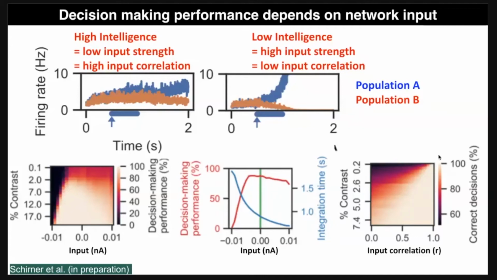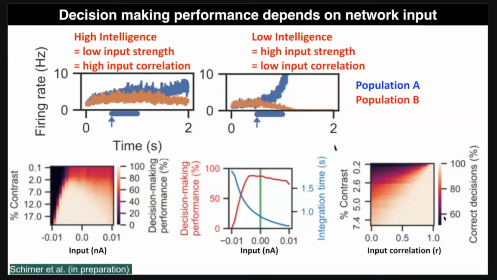And if we look now in the right panel, we relate the input correlations, so basically that is the functional connectivity, to the performance of the system, independent of the chosen contrast. So the y-axis shows the contrast of the evidence, and the x-axis shows the input correlation. The color in the right bottom panel indicates the precision of the decision.